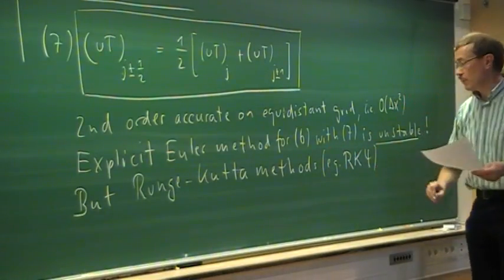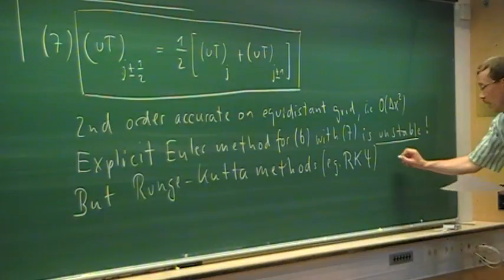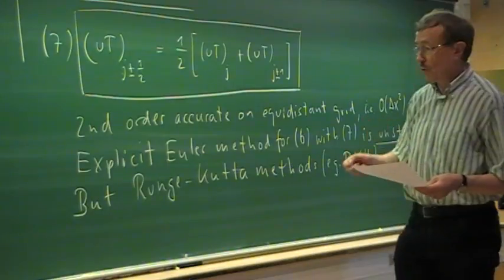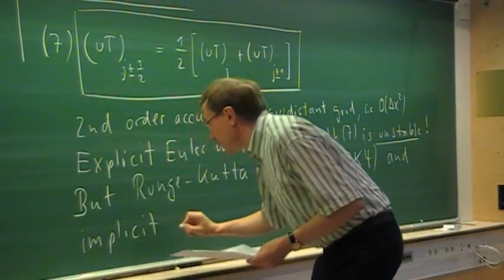That is the one that you usually learn. That is the classical explicit fourth order method. And also implicit methods, for example, implicit Euler method or BDF or whatever, Crank-Nicolson.